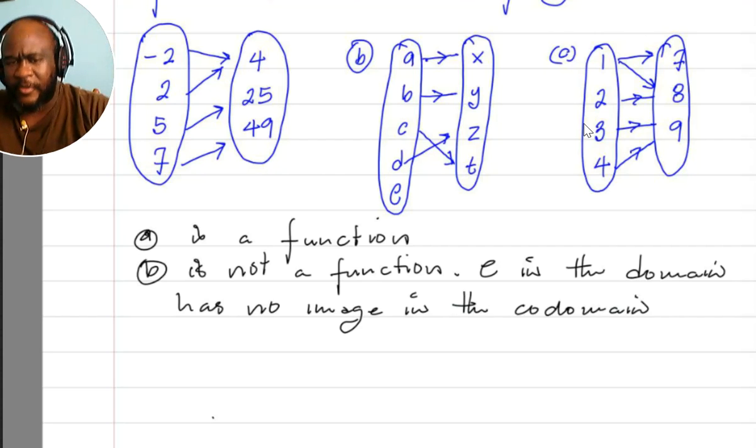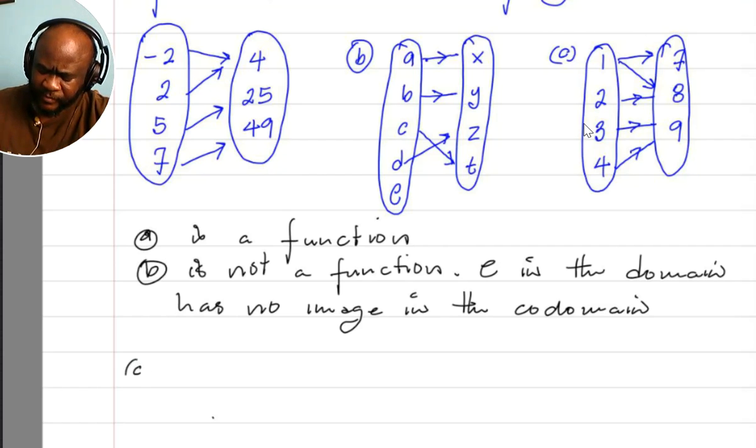Now, first of all, every element in the domain must have at least one image in the codomain. So if that's not the case, it's not even a relation, much less a function.